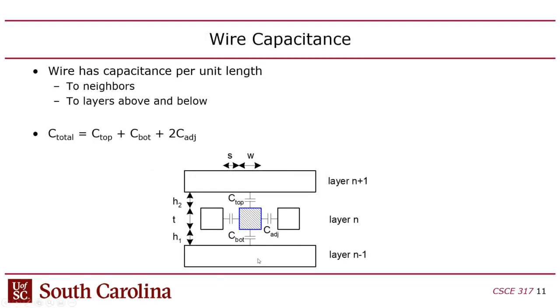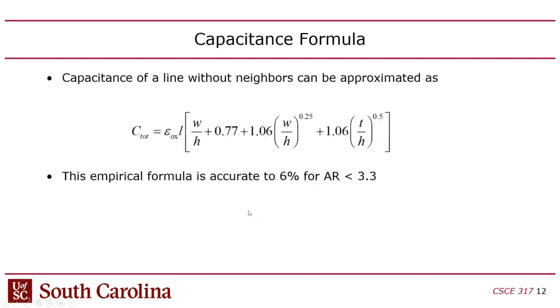In this class, we're going to simplify it again, and we're only going to consider the capacitance to the ground plane, the substrate, which is calculated simply from the width and the height of the wire, the height being how far the wire is above the ground plane or the substrate, which would be determined by the oxide thickness, and then also the length of the wire.